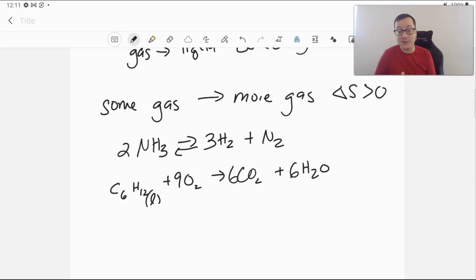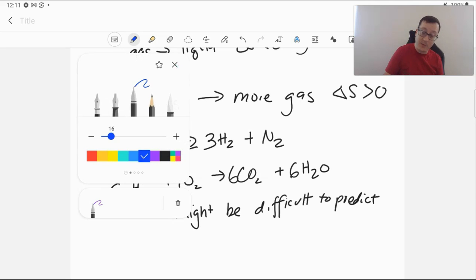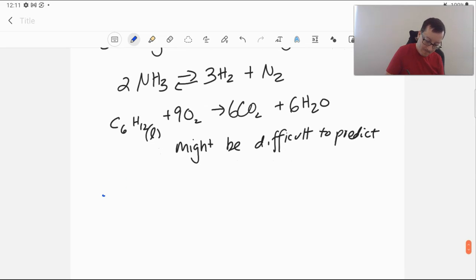So for polymers, for example, they typically have very high entropy because they're extremely large molecules. They can twist and turn and do all sorts of crazy things. And so this might be difficult to predict because entropy typically increases with molecular complexity.